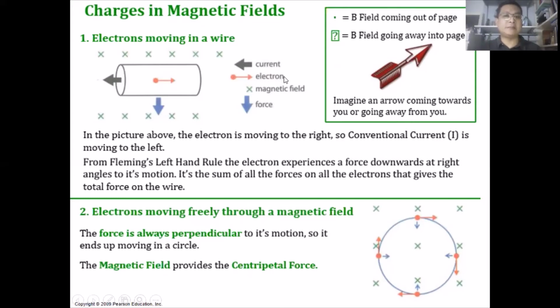We can see this from the arrow here. So the electron moves freely through the magnetic field.